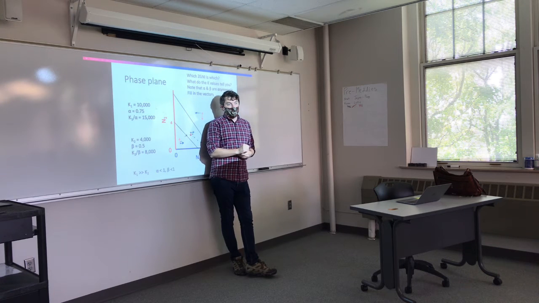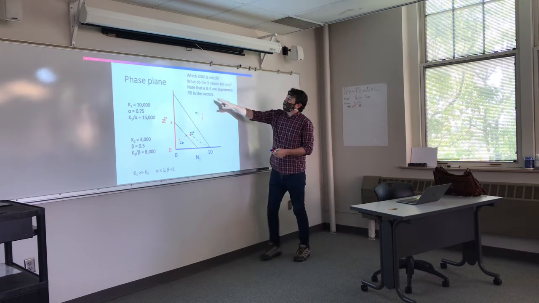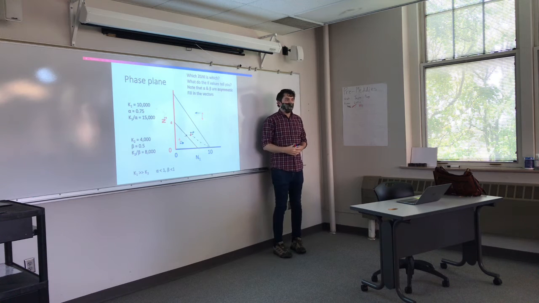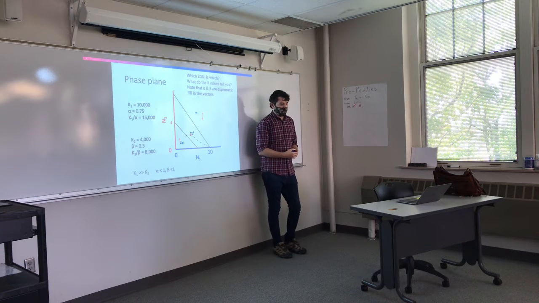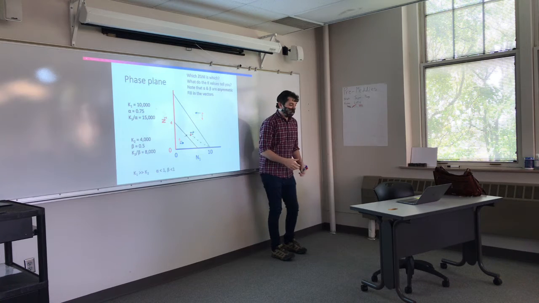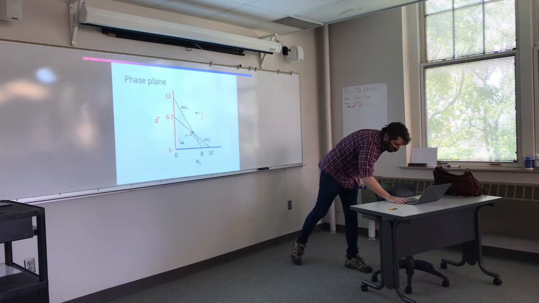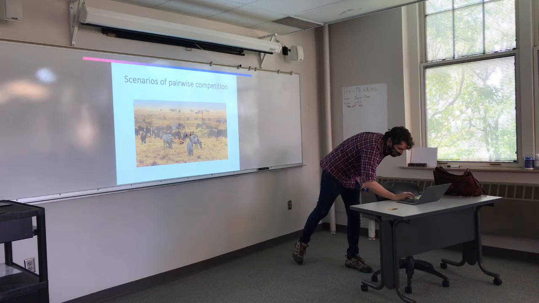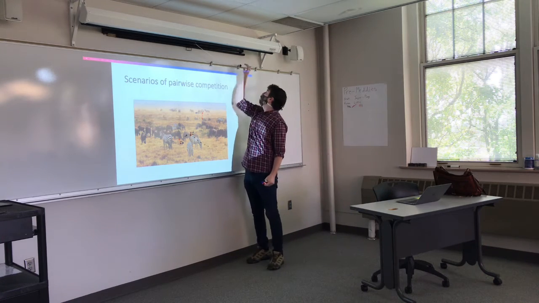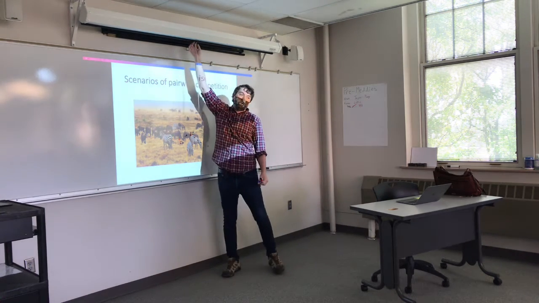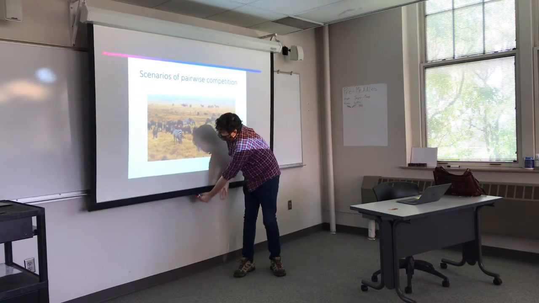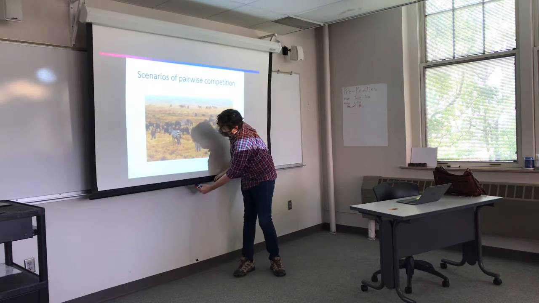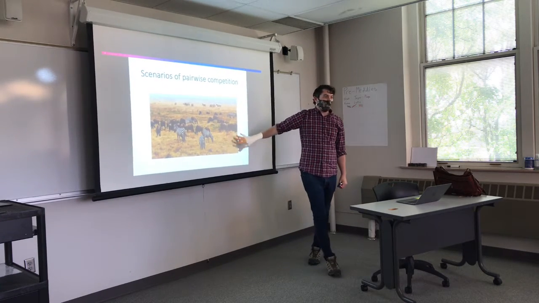And I think up here, it's a note that alpha and beta are asymmetric. They don't have to be the same for any pair of species. What's a good way to say that? So if we think about our zebra and wildebeest, there's a lot of plant diversity on the savanna here.